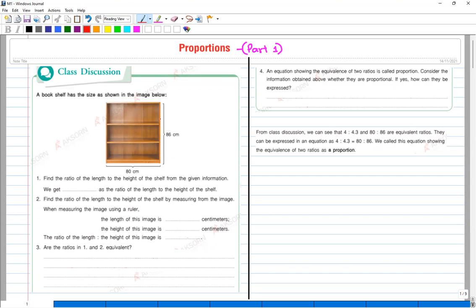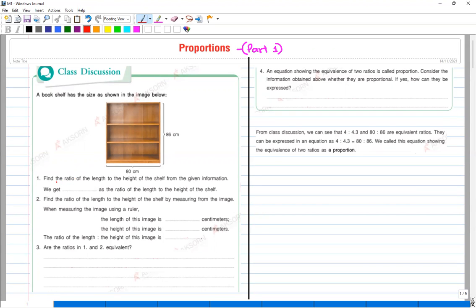But since this is the image, the length and the height are not 80 and 86, okay? Because we cannot put 80 and 86 centimeters on a piece of paper, so we have got to reduce it. So this is just the image.